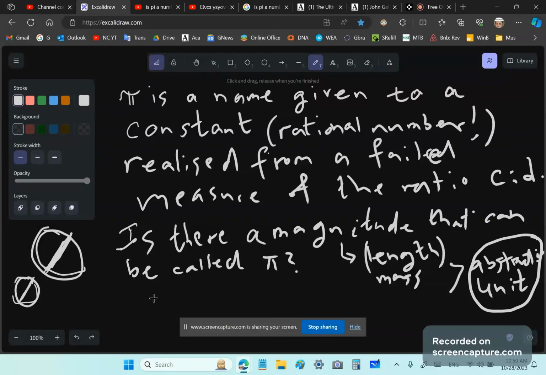So we can say, all right, well, if you've got a little man, we've got a square and a circle, or an apple, whatever. Now here we don't care about the type, do we? We just say 1, 2, 3. So 1, 2, 3. And we've done a measure. We're calling these by the abstract unit. Okay. In other words, we're saying that all we care about is a measure using the abstract unit.